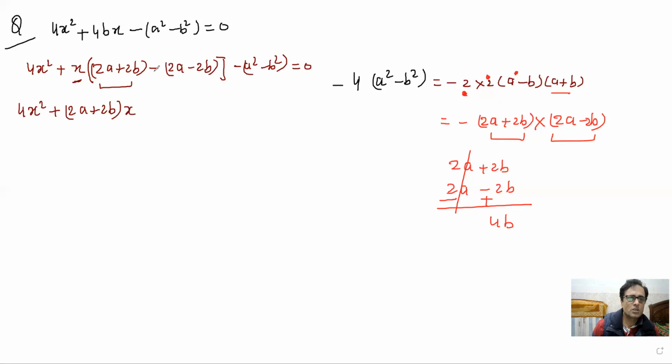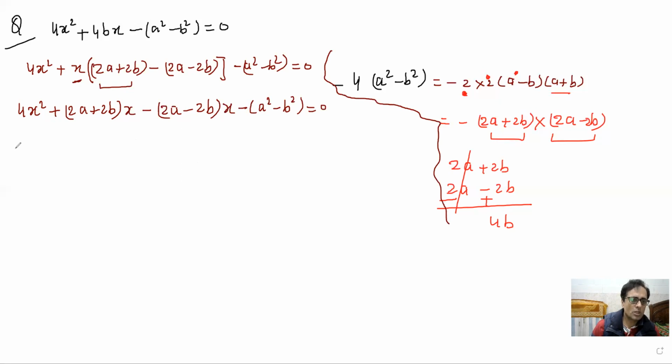And here I am writing a negative sign, so negative 2a minus 2b into x, and minus a square minus b square is equal to 0. Now that was the rough work.